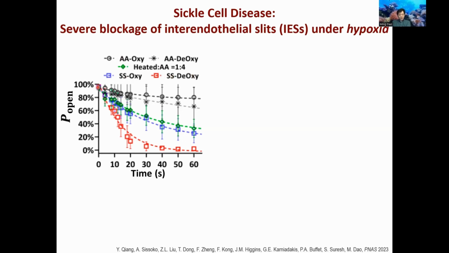Under hypoxia, the sickle cells get blocked very quickly. That means the number of open slits drops down very, very quickly. On the other hand, sickle cells under normoxia also drop down quicker than the healthy cells, but much slower than those under hypoxia.